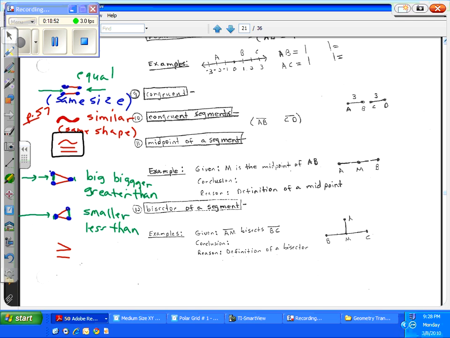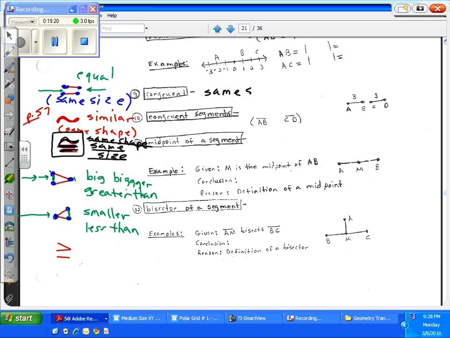And then when we look at this symbol right here, this symbol has an equal sign and a similar sign. The equal sign part means same size. The squiggly part, that similar part, means same shape. And so when you put those together, you get same size, same shape.